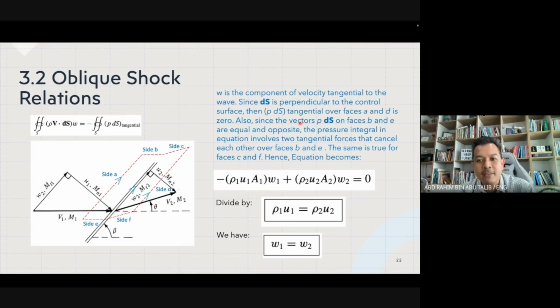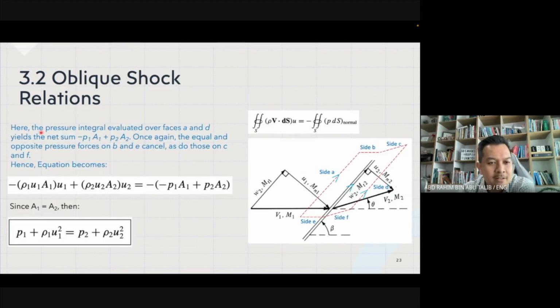Also, since the vectors p dS on faces B and E are equal and opposite, the pressure integral involves two tangential forces that cancel each other over faces B and E. The same is true for faces C and F as well. So you can rewrite that and divide it by the earlier expression from continuity, and we have W1 equal to W2.